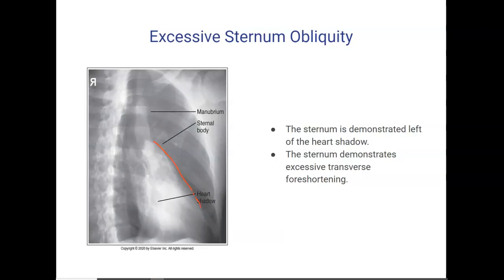Once it starts moving past the heart shadow, we know, here's the sternal body, and I'm losing the end of it down here, but I'm assuming it's somewhere right here. We know that we are excessively rotated because that sternal body should be over top the heart shadow.